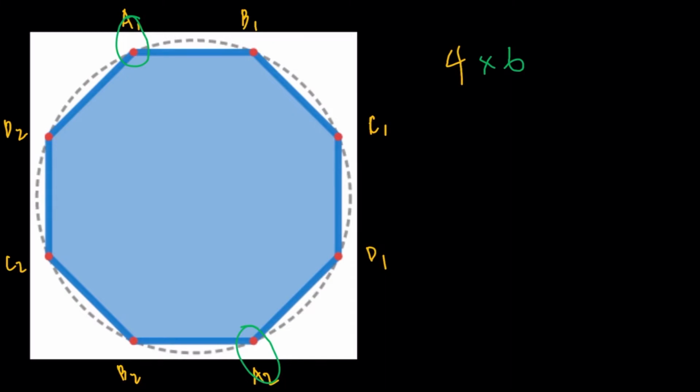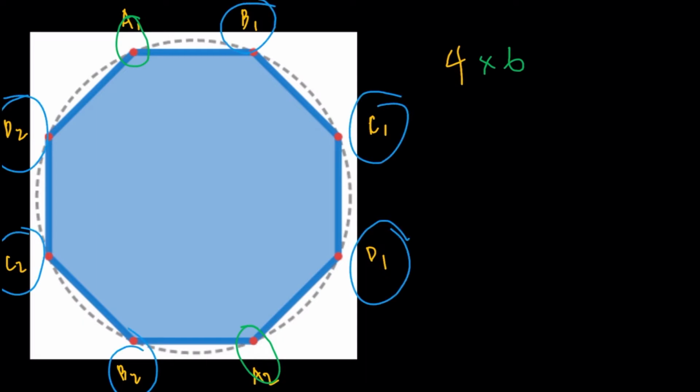It doesn't really matter, just make sure it's distinct from the 2 points we've chosen. I've chosen A1 and A2, and we have 6 remaining points: B1, C1, D1, B2, C2, D2. That's why I have 6. So there are 4 ways to choose the pair, and for each pair, 6 ways to choose the third point.